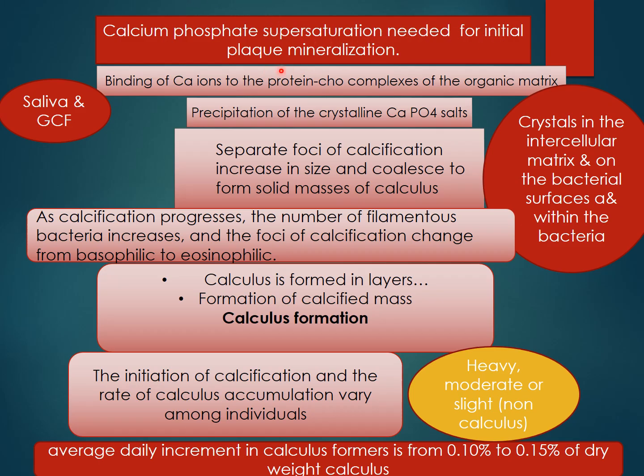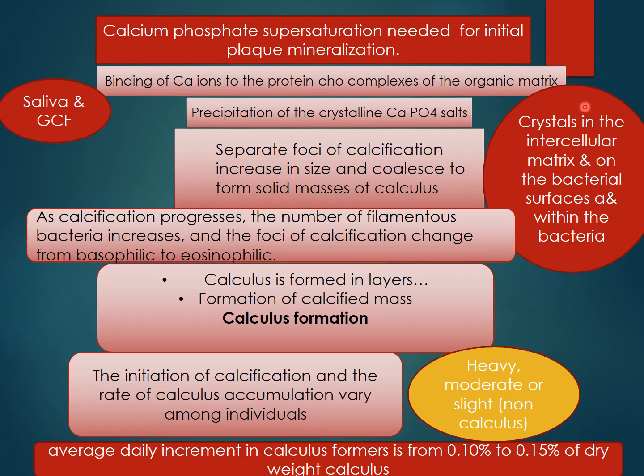For that, calcium and phosphorus will be taken from saliva and GCF. They will be taken from saliva by chelation and binding of calcium ions to the complexes, that is the protein carbohydrate complexes, protein polysaccharide complexes of the organic matrix, and this will lead to precipitation of the crystalline calcium phosphate salts.